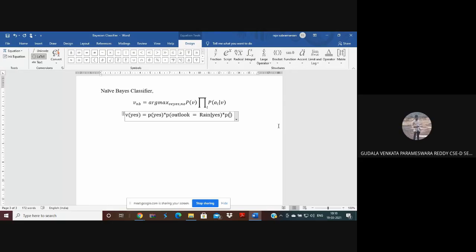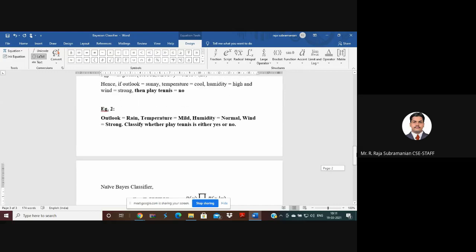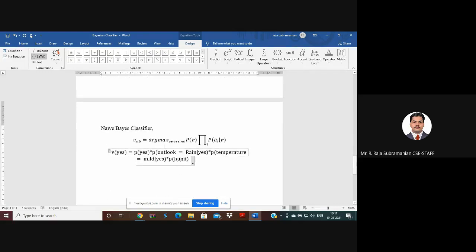Probability of temperature is equal to mild given yes, next probability of humidity equal normal given yes, into probability of wind equal strong given yes.